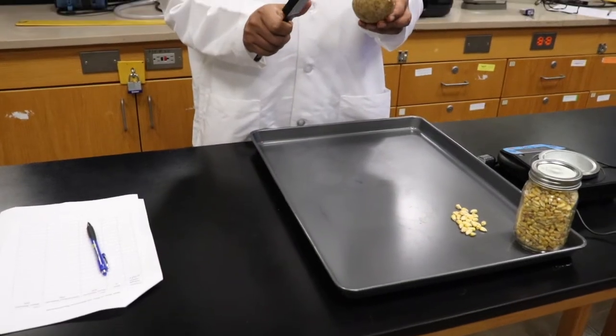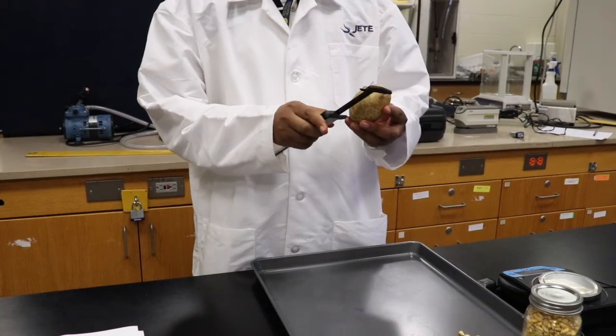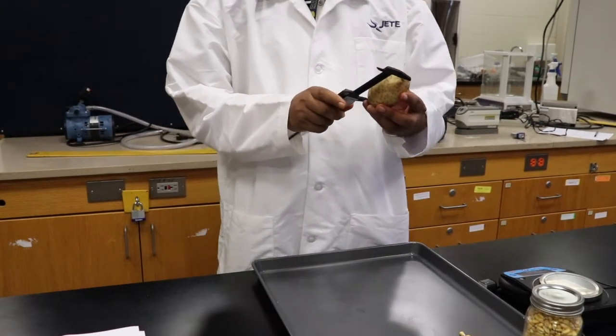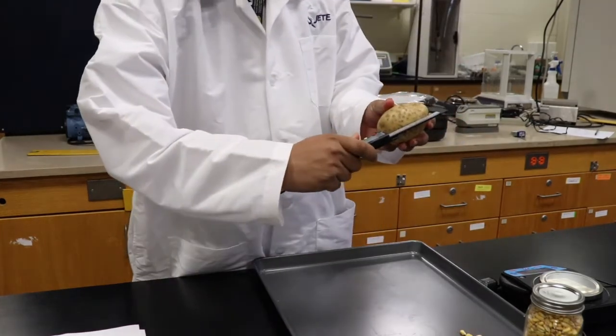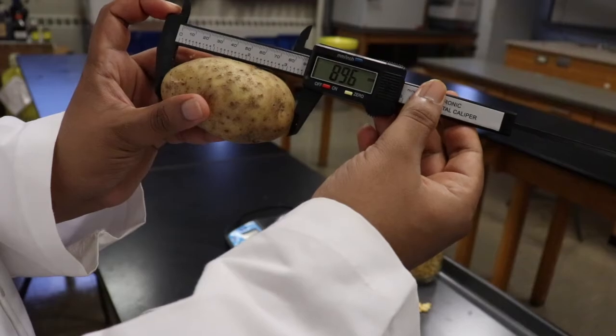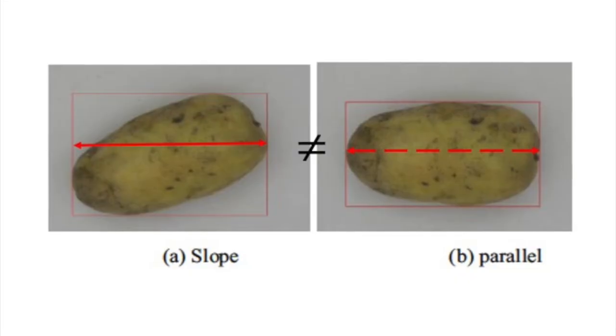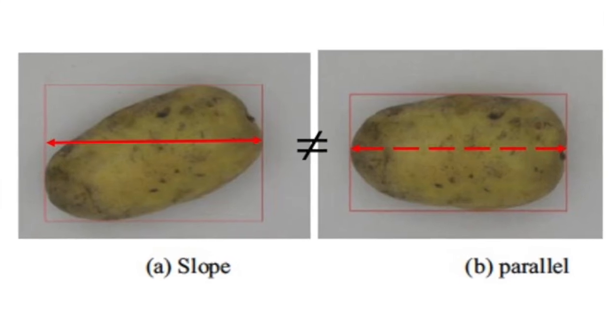Now start to measure the major diameter of the potato. To get the right value of major diameter, the potato should be measured in the right direction at the correct position. If not, the measuring may be inaccurate.